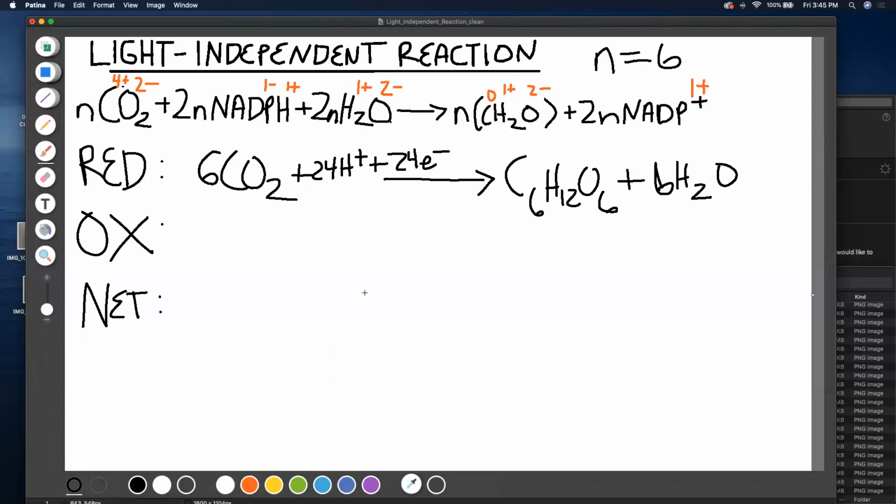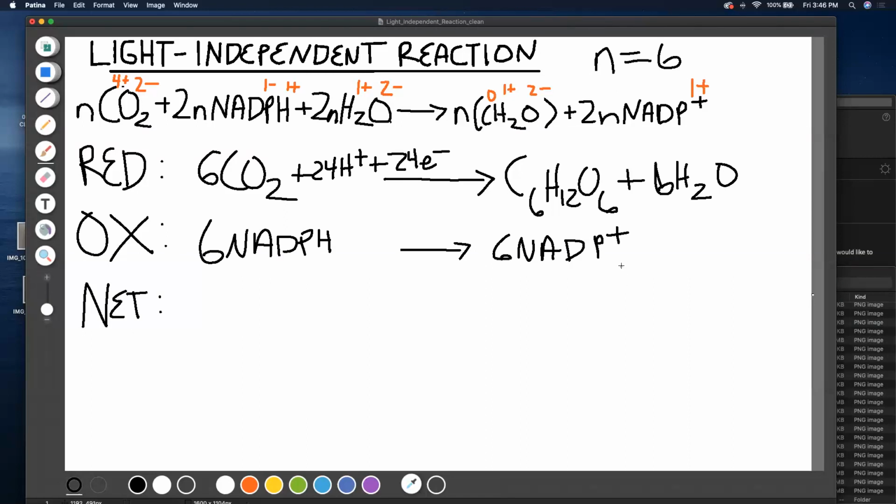And then next, what's being oxidized? NADPH is being oxidized to NADP plus. NADP's oxidation state is increasing, so that must mean it's losing electrons. It's going from -1 to +1. So let's put 6 NADPH goes to 6 NADP plus.